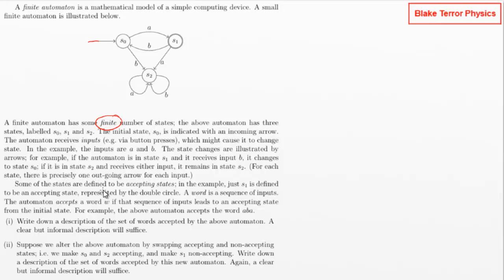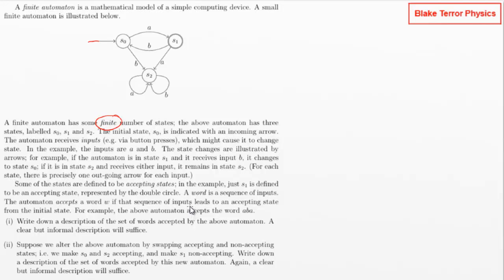Some of the states are defined to be accepting states. In this example, just S1 is defined to be accepting as represented by the double circle. A word is a sequence of inputs. The automaton accepts a word, W, if that sequence of inputs leads to an accepting state from the initial state.